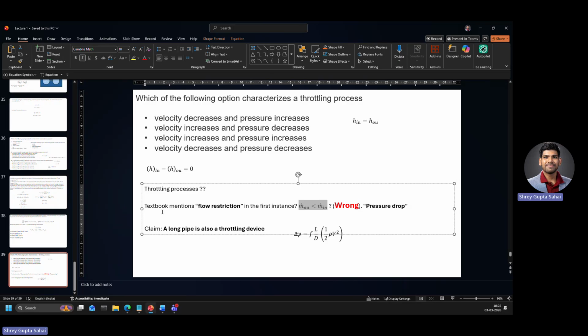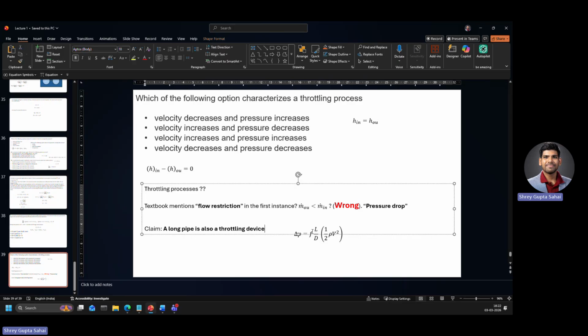Under steady conditions, we know that the inlet mass flow rate should be equal to the outlet mass flow rate, isn't it? So we cannot have an outlet flow rate different from the inlet flow rate. Then what do you mean by flow restriction devices? Essentially, this is used in the context of valves.